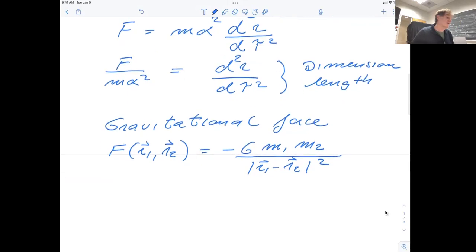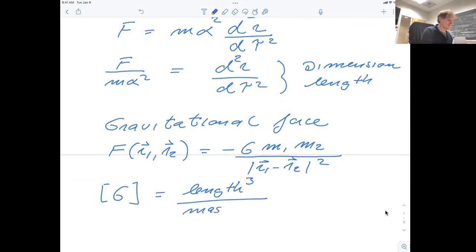Now, in this specific case, when you do a dimensional analysis, you will find that this parameter G has dimensionality given by length cubed divided by mass times time squared. And the value is given by a number times 10 to the minus 11th. So it's a constant which is very small.